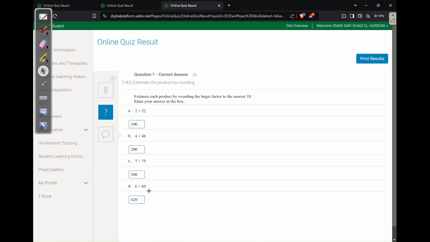Here, 7 times 80 equals 560. To make it easier, 7 times 8 equals 56, and then we add that 0. 6 times 70 equals 420.